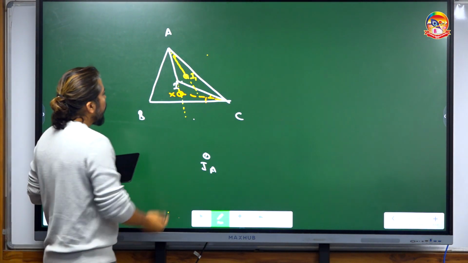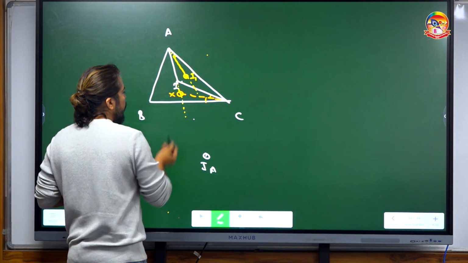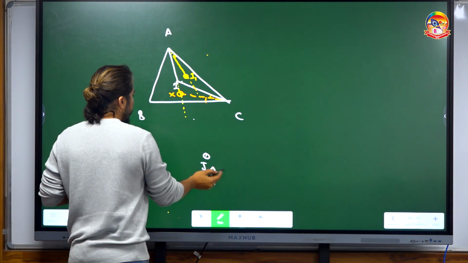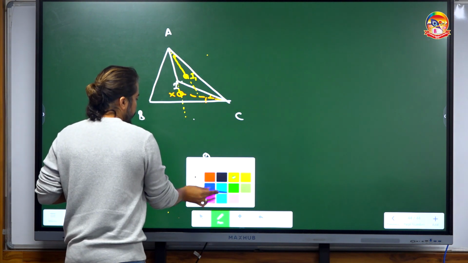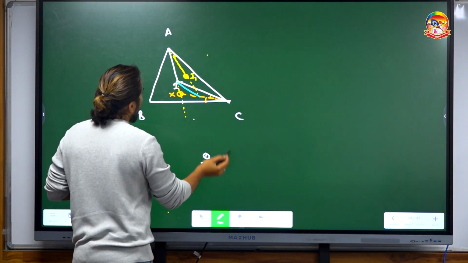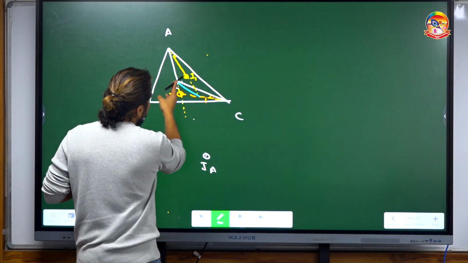Alright, so I'll come again. I found this point X. Using this, I'll find the angle bisector of XIC. Alright, I'll find the angle bisector of AIC, and I already have the angle bisector of AI1.